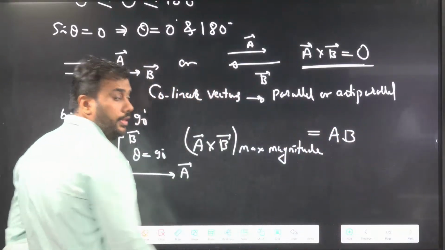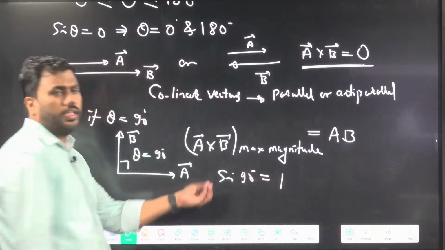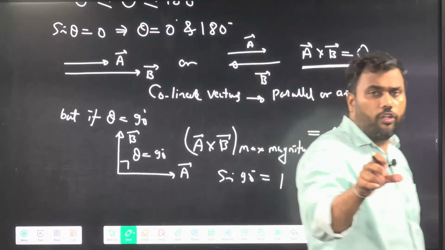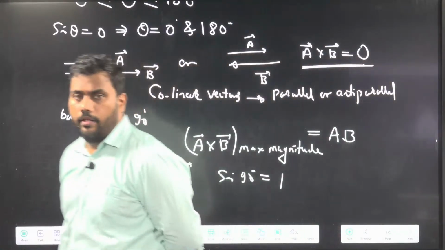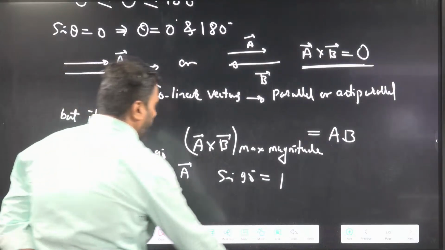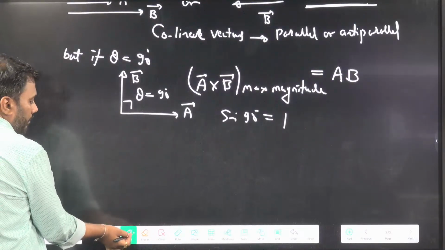In this case, sin 90 becomes 1. Because sin 90 is 1, A cross B is maximum. The maximum value of A cross B comes when the vectors are perpendicular.